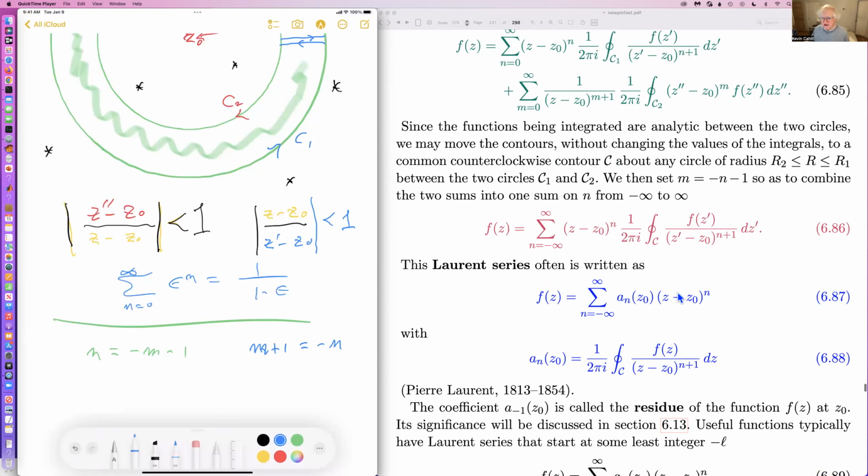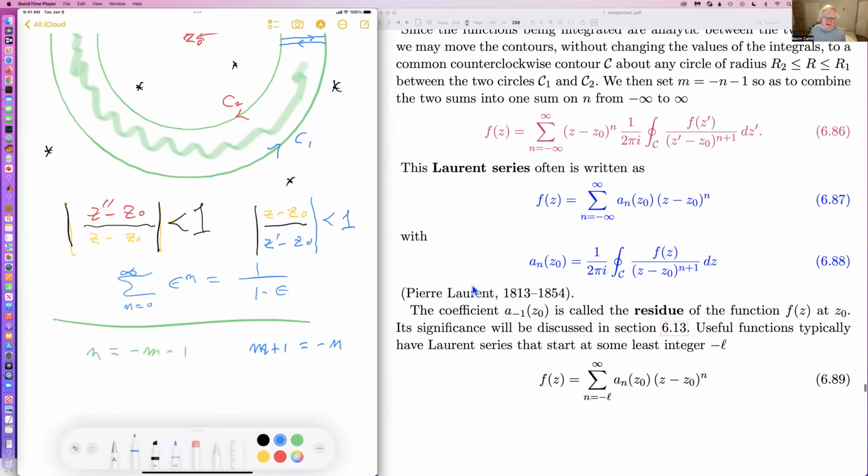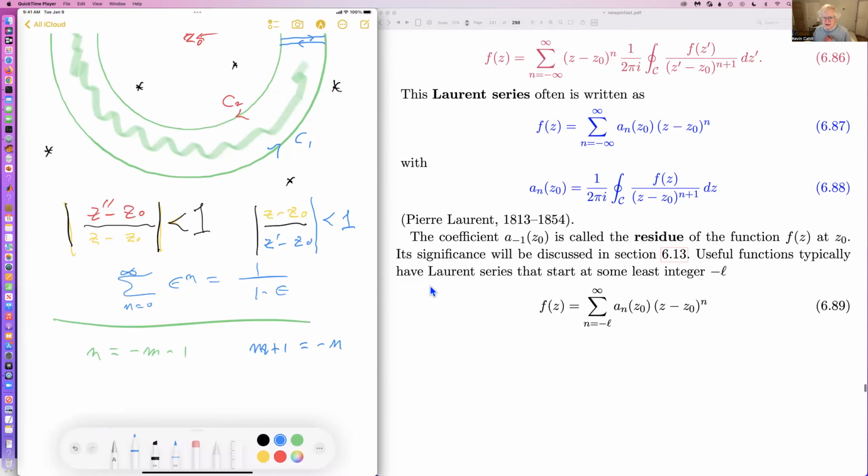And it's often written this way: the sum of z minus z0 to the n times some a sub n at z0, because this thing just depends upon z0. And the a sub n of z0 is this integral divided by 2 pi i. Yeah, he must have been French. Pierre is his first name.